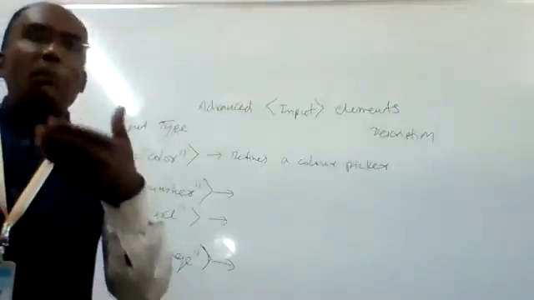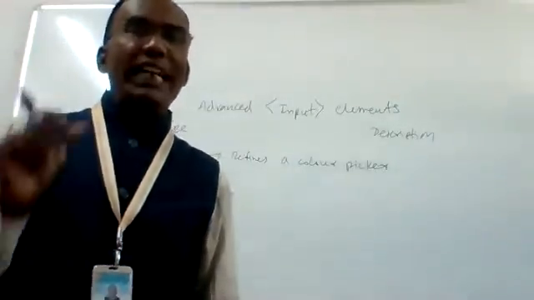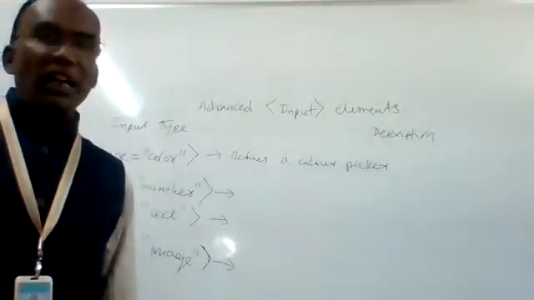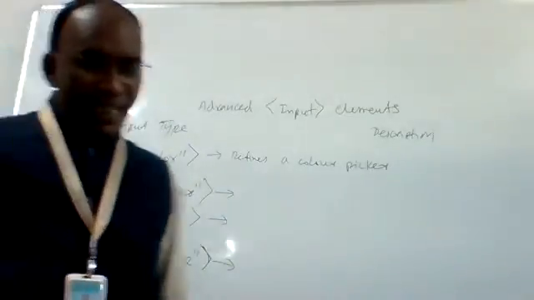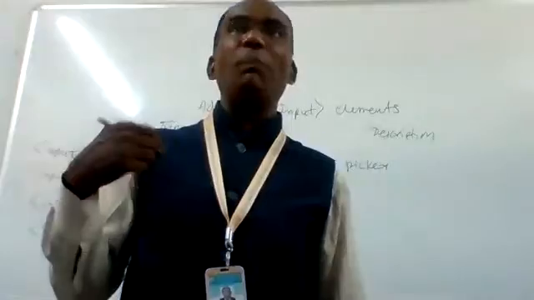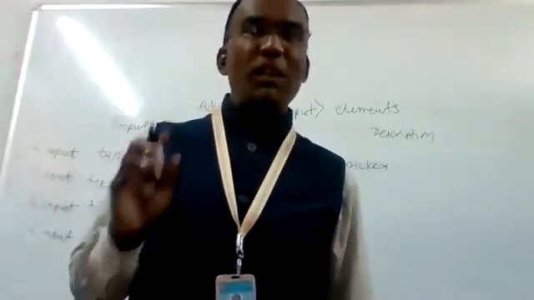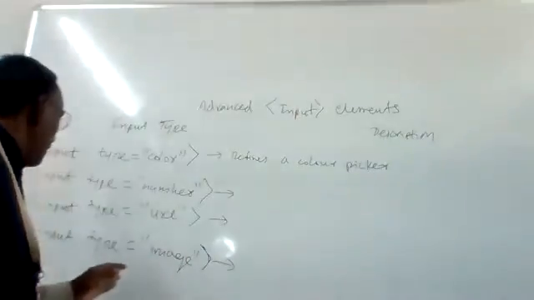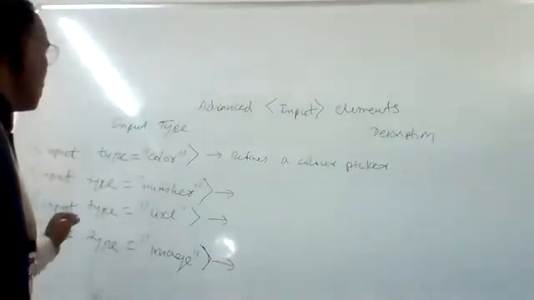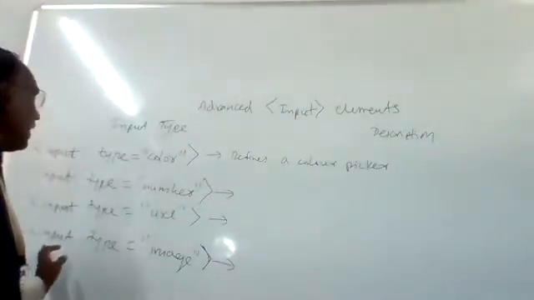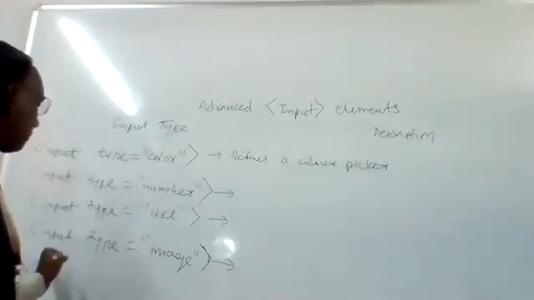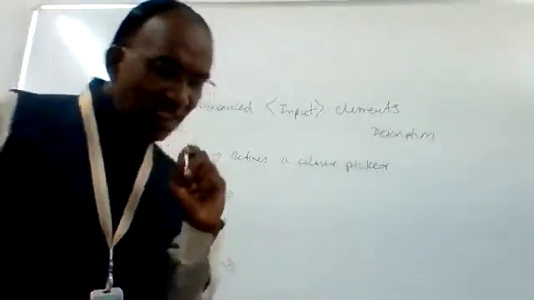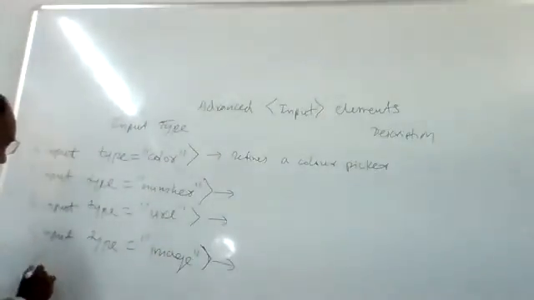So in place of the submit button, we can place an image. A user can use an image for inputting the data, in place of the submit button. You can use this in form controls. Next is input type.